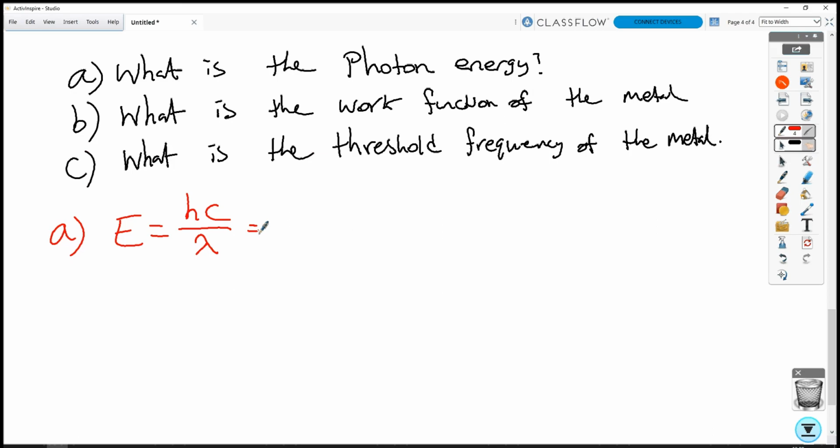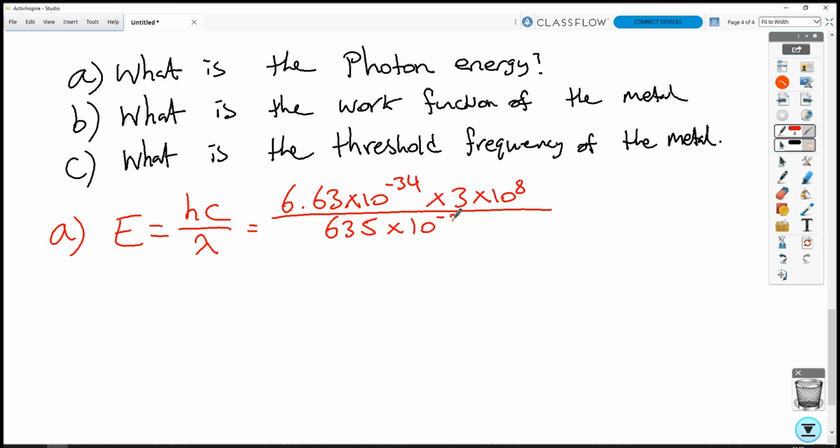So h is 6.63 times 10 to the power of minus 34 times the speed of light, which is 3 times 10 to the 8, all over the wavelength, which was 635 nanometers, times 10 to the power of minus 9. So put that into your calculators. What number do you get?